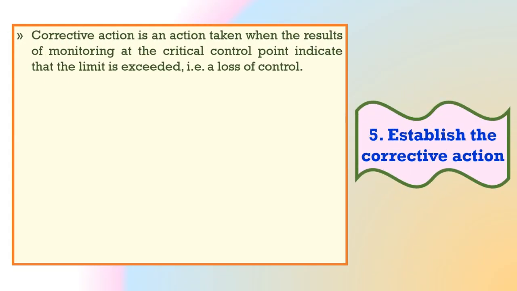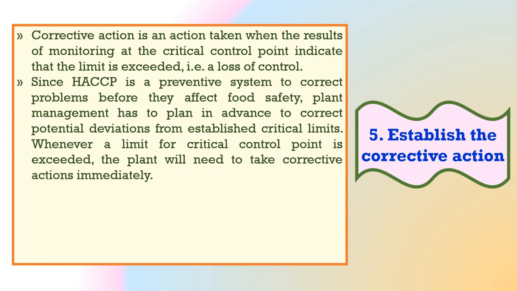The fifth important principle is to establish the corrective action. Corrective action is an action taken when the results of the earlier step, that is monitoring at the critical control point, indicate that there is a loss of control.